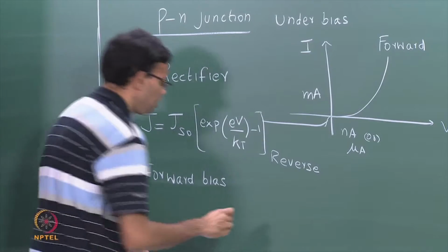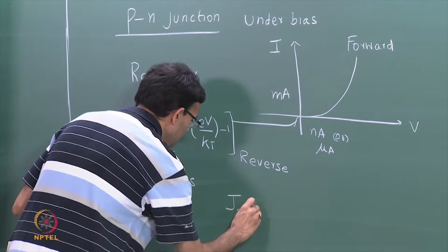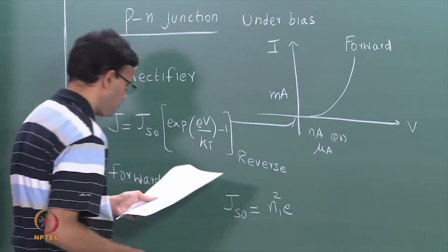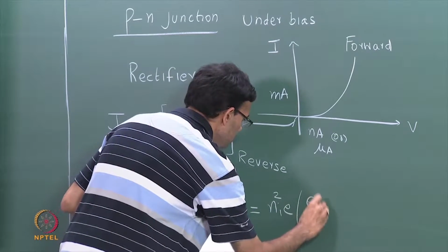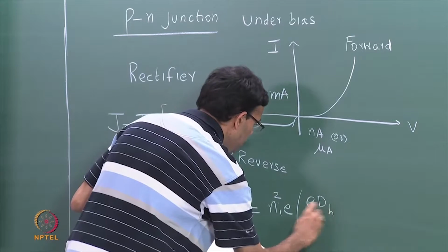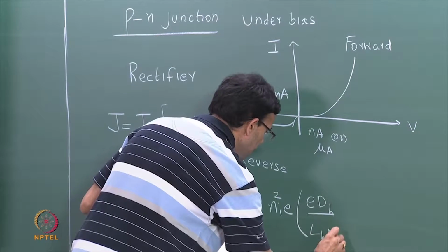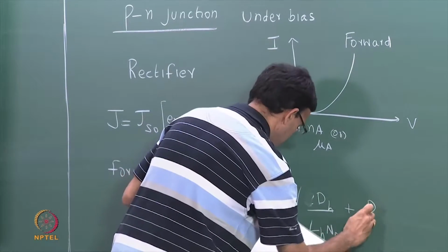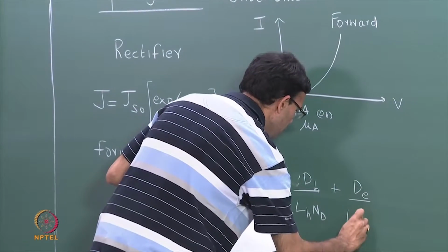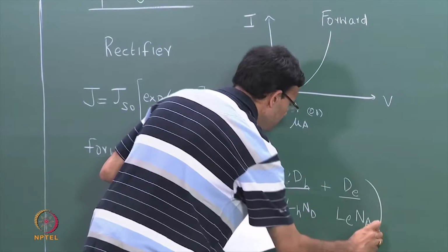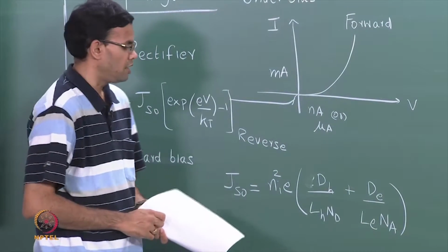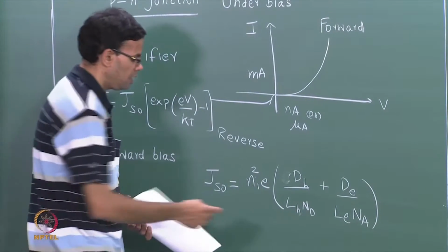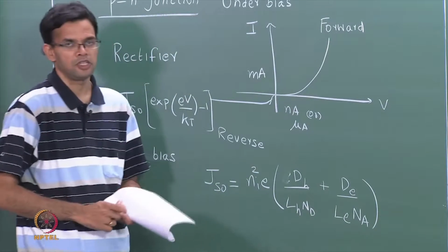J S naught is the reverse saturation current, which is equal to Ni square over e, times D_H over L_H N_D plus D_E over L_E N_A. So D_H and D_E are the diffusion coefficients for the minority carriers within the p and the n region, and L_H and L_E are the diffusion lengths.